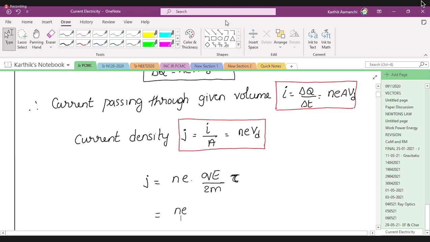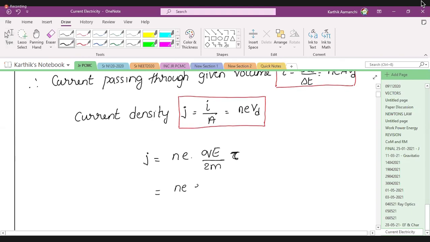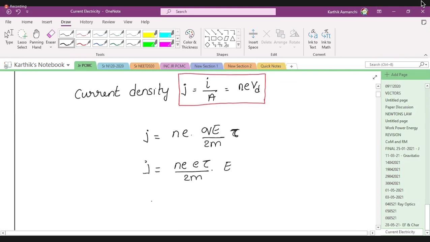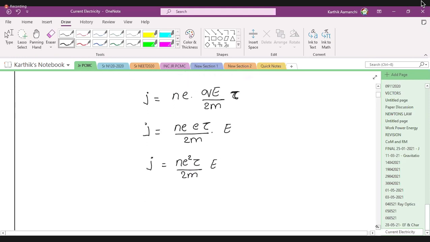In that, tell me which are constant. N, E, Q, M, tau. You will take E as the variable. So J is equal to N E squared tau divided by 2m into E.